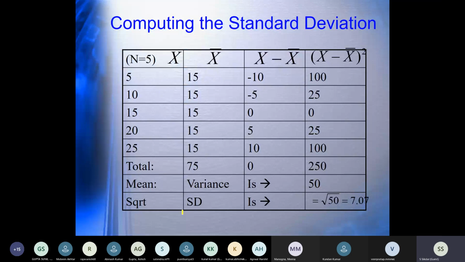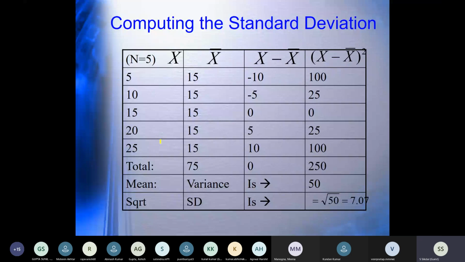Now again, one example, it's nothing great. Here you can see n is equal to 5, that is 5 numbers: 5, 10, 15, 20, 25, and the x bar, their average, is 15. And this is the difference, x minus x bar.